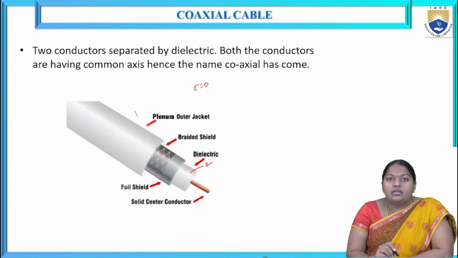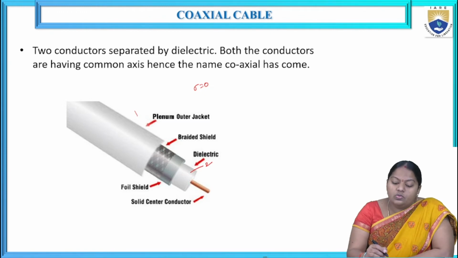Basically, this transmission line consists of two conducting structures, that is, two conductors. First there is the outer conductor and then the inner conductor. Inside, there is a dielectric material separating the two, and the spacing between them will be very small. The outer jacket, inner jacket and braided sheet are identified along with the dielectric material.